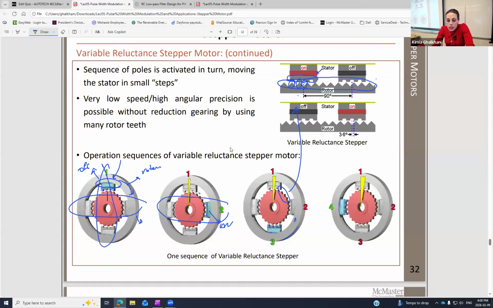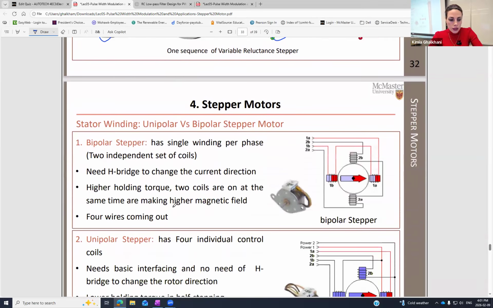Moving to the next one, this is the direction of movement. Now this one is off, and in here this one is on, and so on. Now suppose I have more poles, therefore I have more on and off. If I have more on and off, I'm generating more pulses. If I generate more pulses, the accuracy of the signal is higher. Now make sense? That is how we can increase the accuracy.